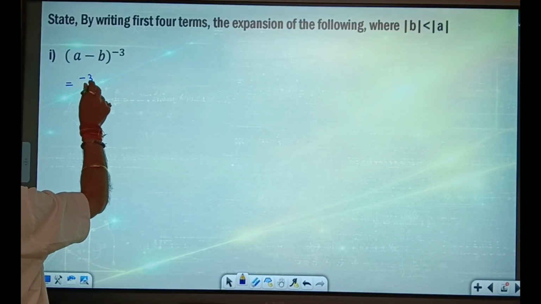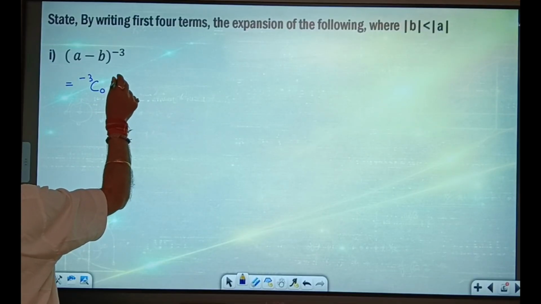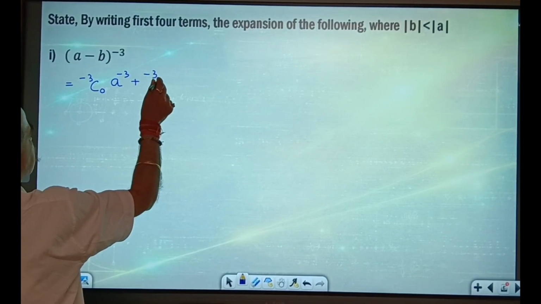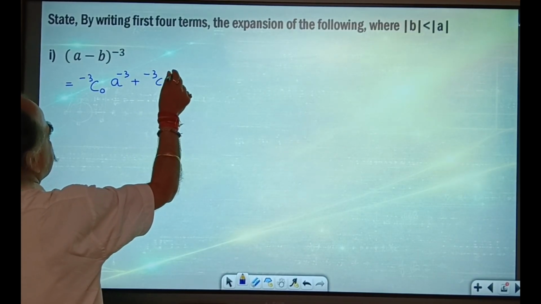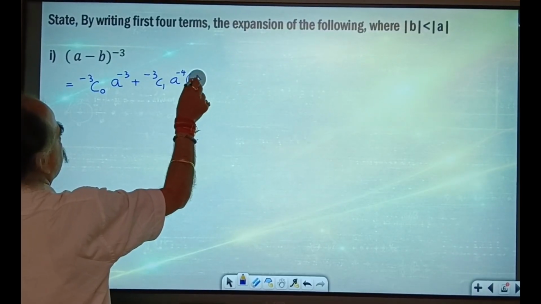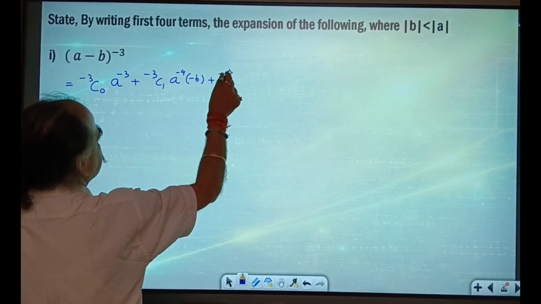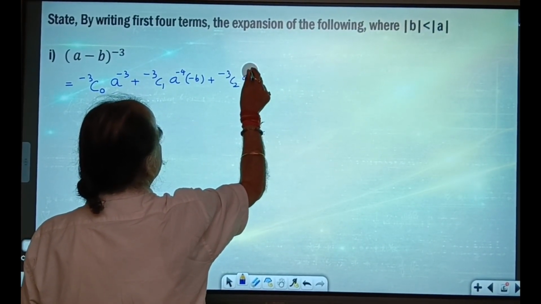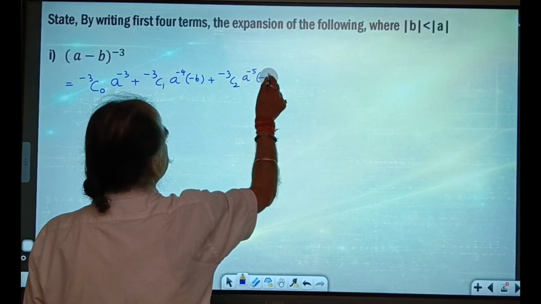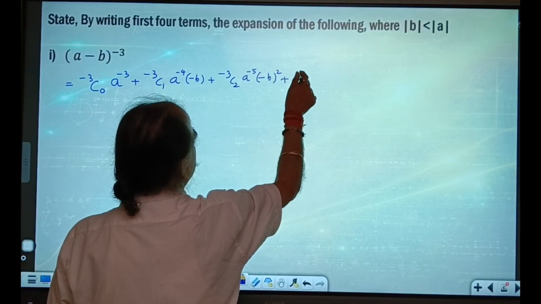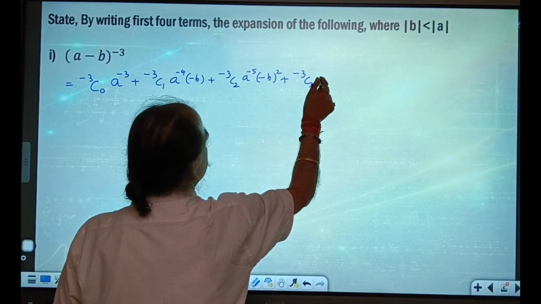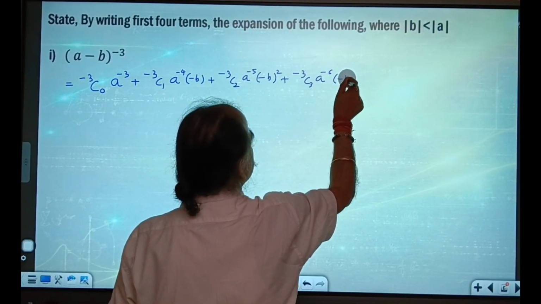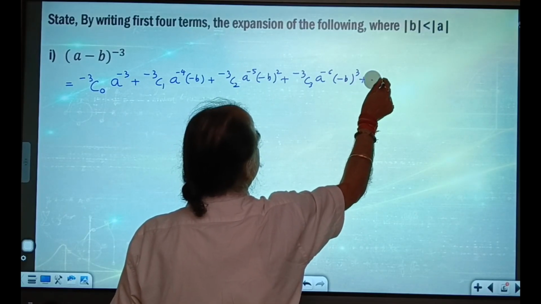Minus 3C0 a raised to minus 3, plus minus 3C1 a raised to minus 4 into minus b, plus minus 3C2 a raised to minus 5 minus b square, plus minus 3C3 a raised to minus 6 into minus b cube, plus so on.